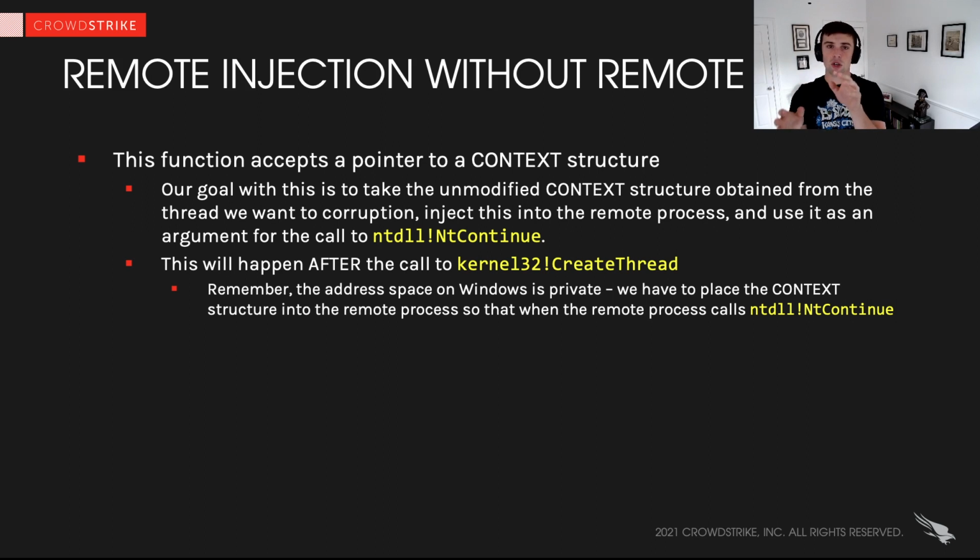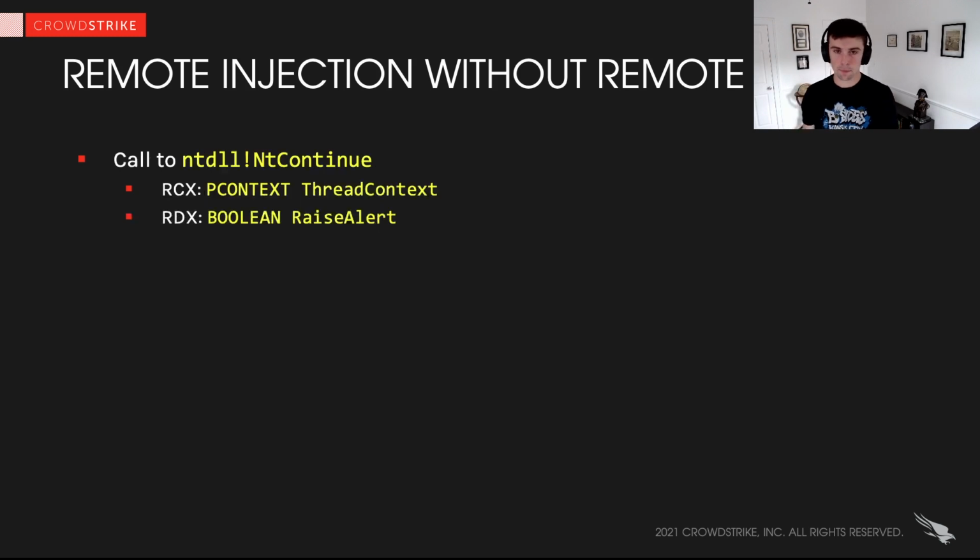So the context structure right now is within our current process, the quote-unquote exploiting process. That's where that context structure lives. So since the address space is private, we need to first inject it into that remote process, so the remote process has a way to pass the pointer to that structure to resume execution.